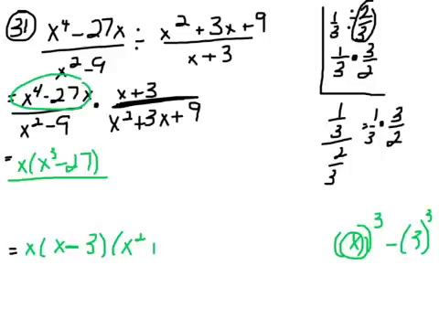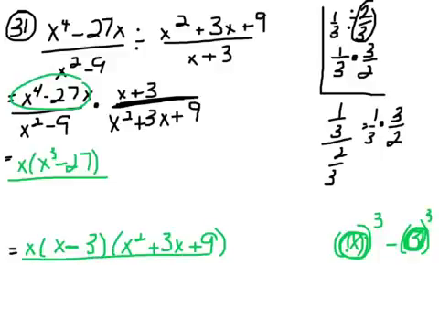I'm going to put a plus here because there was a minus in the first factor, a subtraction sign. That means I'm going to have an adding sign here. I'm going to multiply this x and this 3 together and get 3x. And then I'm going to put a plus sign, because there's always a plus sign in that spot. And I'm going to say 3 squared is 9. You might want to look up that factoring pattern. I'm just talking myself through it without having to look the formula up.